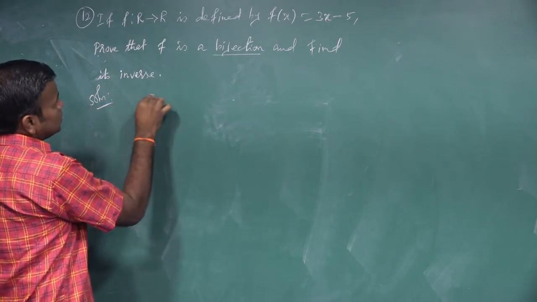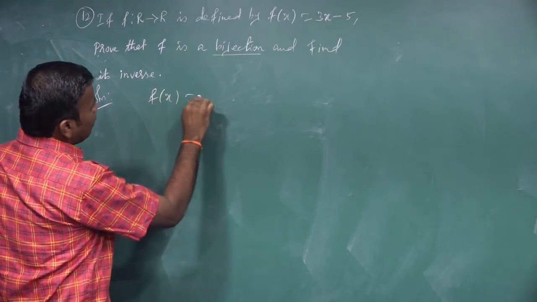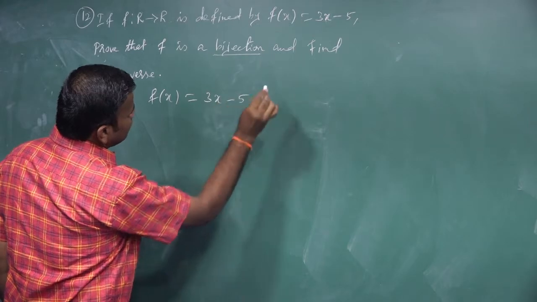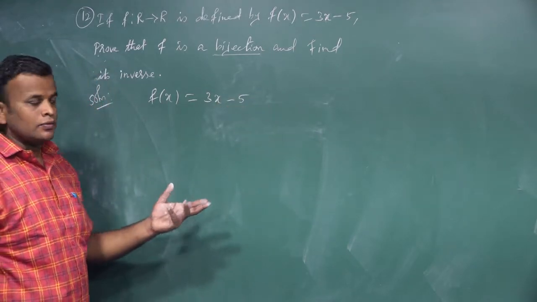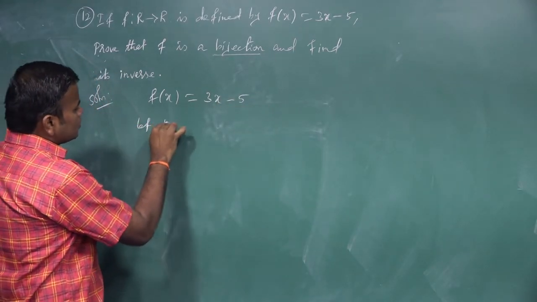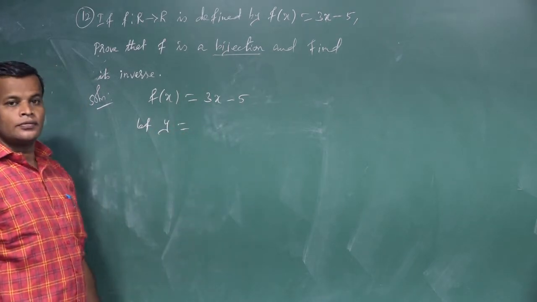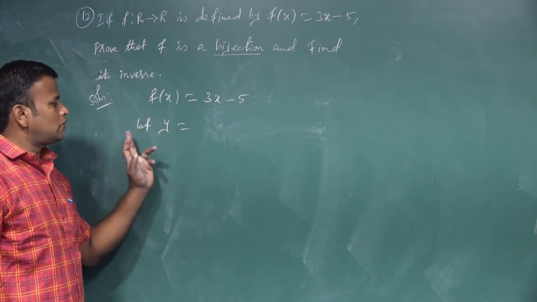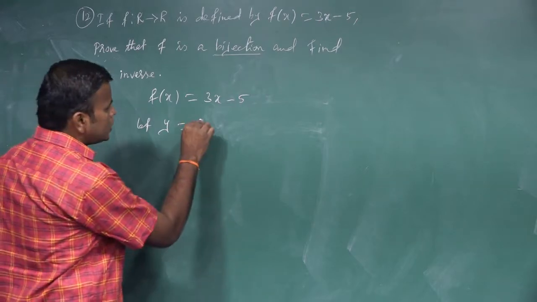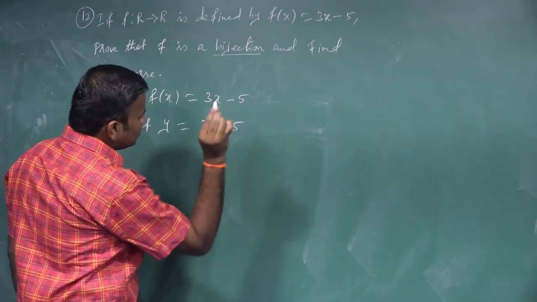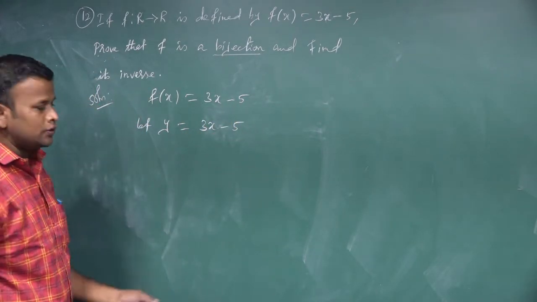So what is the given function? F of x, how is it defined? 3x minus 5. Now I say it is y. F is a function of x, so I say it is just y. So the value of y is 3x minus 5.